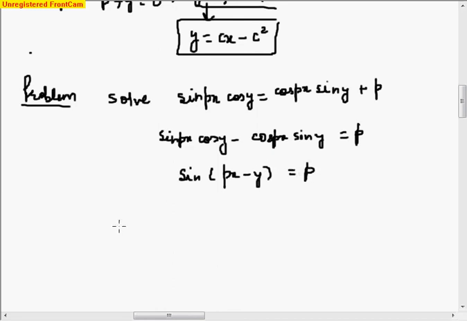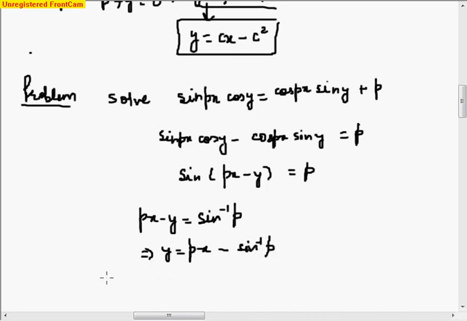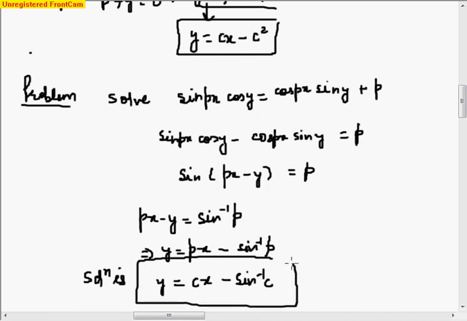So px minus y is equal to sin inverse of p. This implies y is equal to px minus sin inverse of p, which is Clairaut form. So I can write the solution as y is equal to cx minus sin inverse of c. This is your solution. Okay.